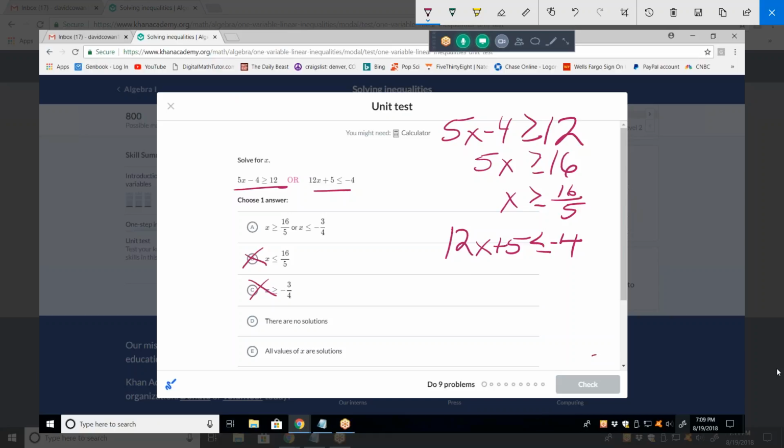So 12x is less than or equal to negative 9. X is less than or equal to negative 9 over 12. Yep. Which reduces to? X is less than or equal to negative 3 over 4.